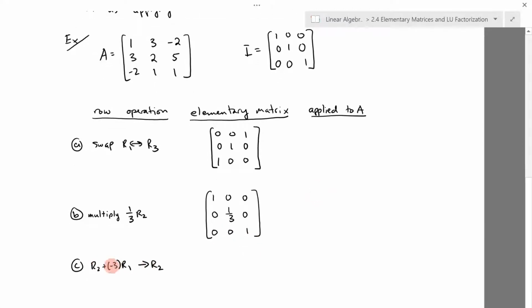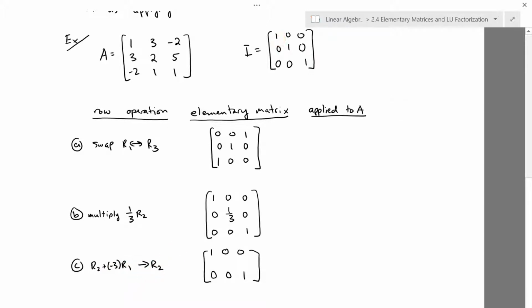And finally, for this kind of row operation, I'm taking -3 times row 1 and adding it to row 2. So again, to get the elementary matrix, I do that operation to the identity matrix. Here row 3 is staying the same. Row 1 also stays the same. So the only thing that's changing is row 2. What's happening is I'm taking row 2 plus -3 times row 1 and putting it into row 2.